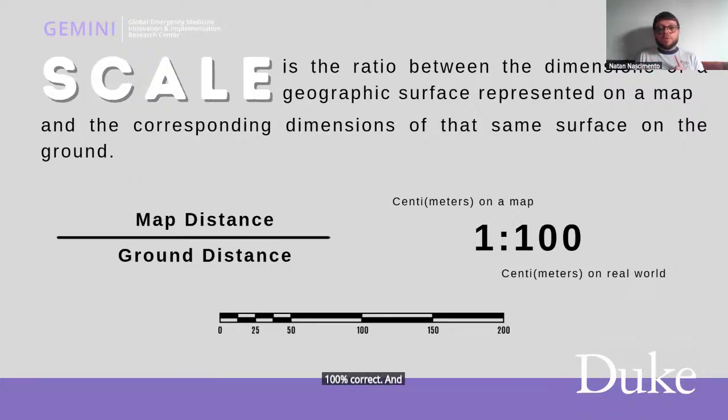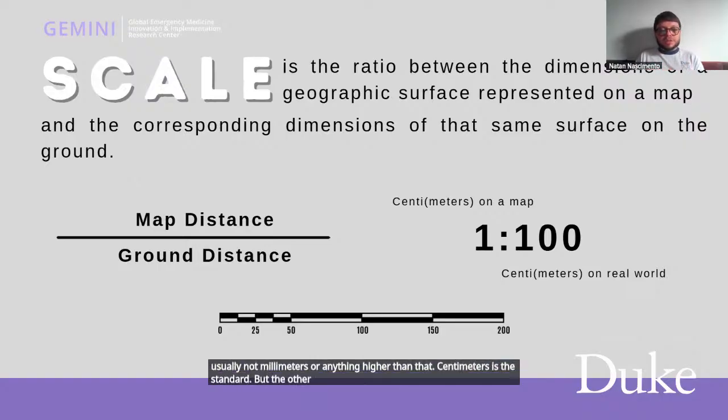And of course, we tend to do map distance in centimeters, usually not millimeters or anything higher than that. Centimeters is the standard, but for the ground distance, we usually go for kilometers or, depending on where you are, miles.